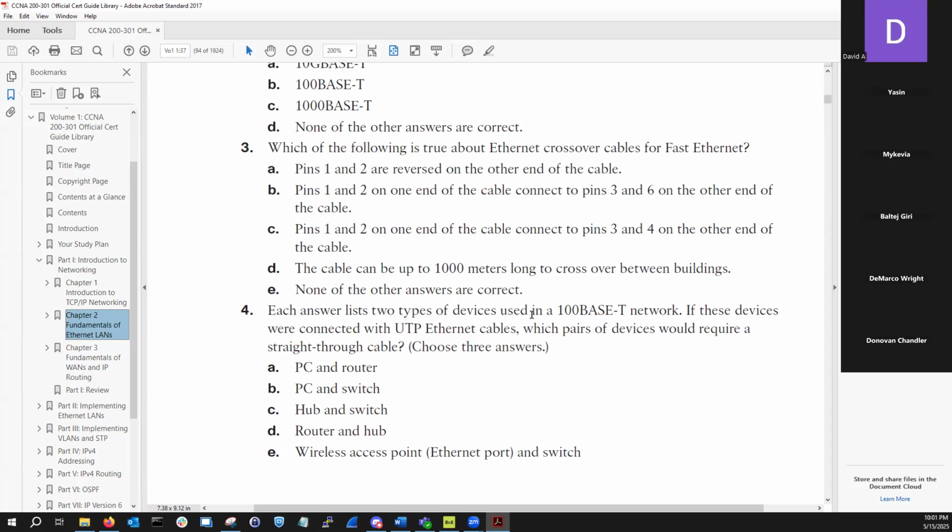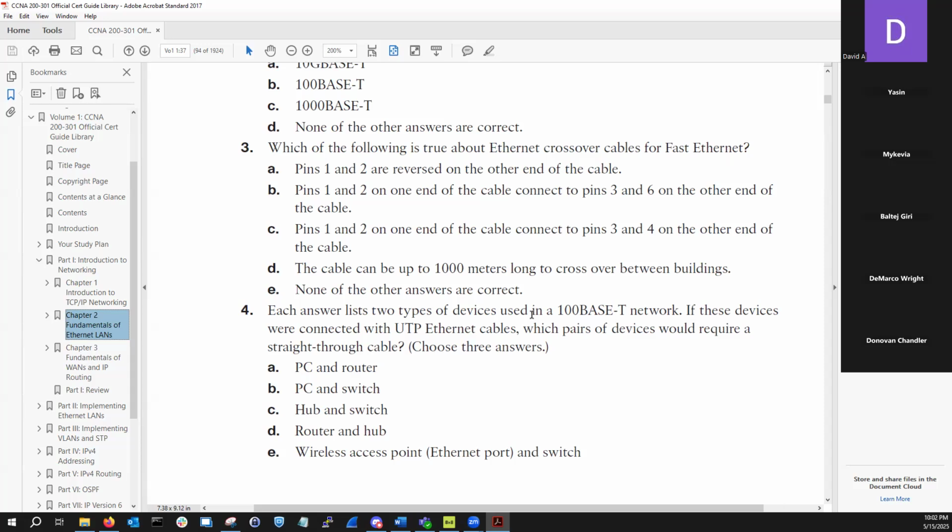So, PC and router, PC and switch, and wireless access point.